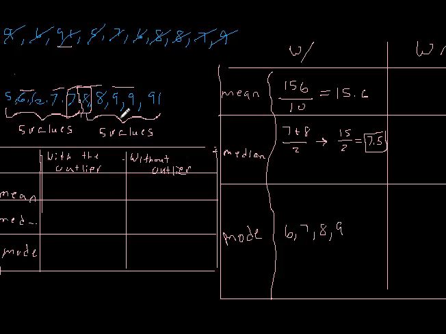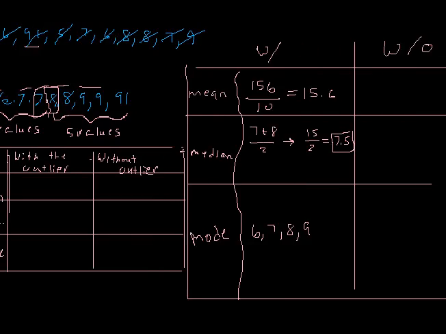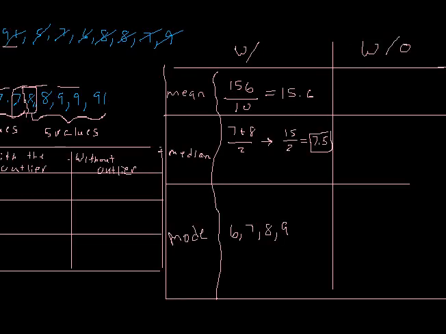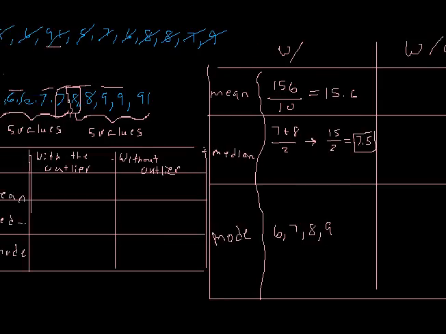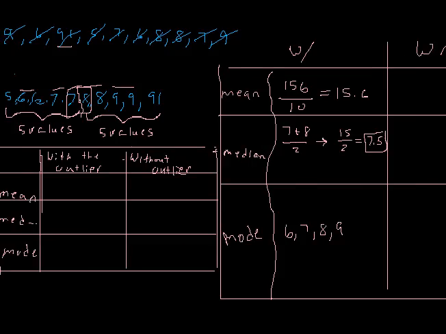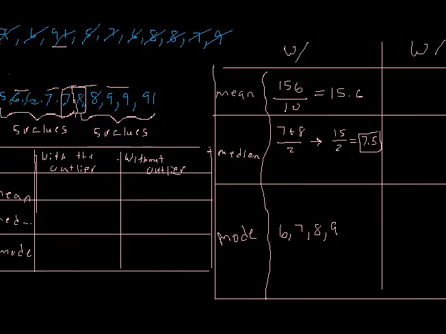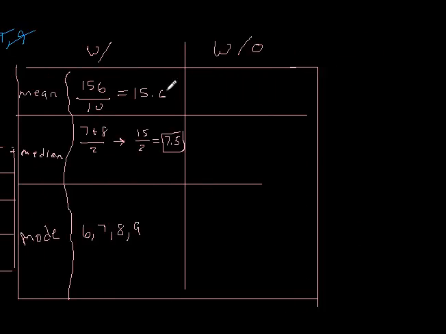Okay. So from here, the next question is, well, what is the mean, median, and mode without the value 91? Or in other words, without the outlier. Well, first off, if I didn't have the value 91 here, my total sum would not be 156, but it would be 65.